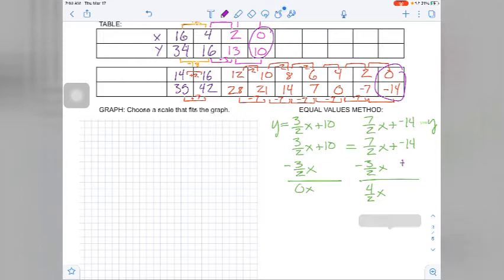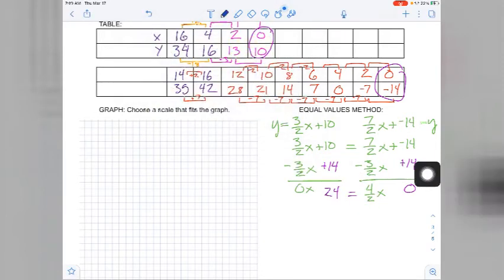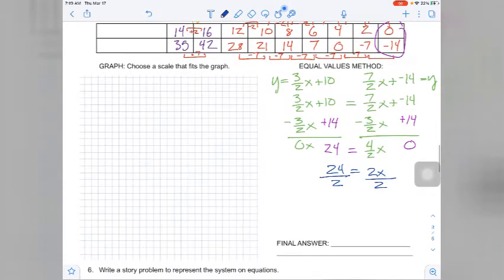Then I add 14 to both sides, and I have 24 on one side and 0 left on the other. So 24 equals 2x. To get rid of my 2, I use the inverse operation. I divide by 2, and I get x equals 12.